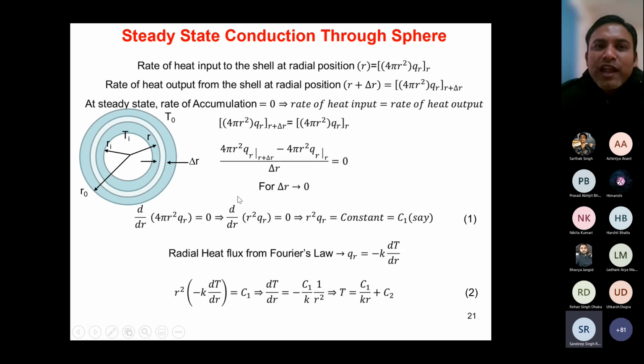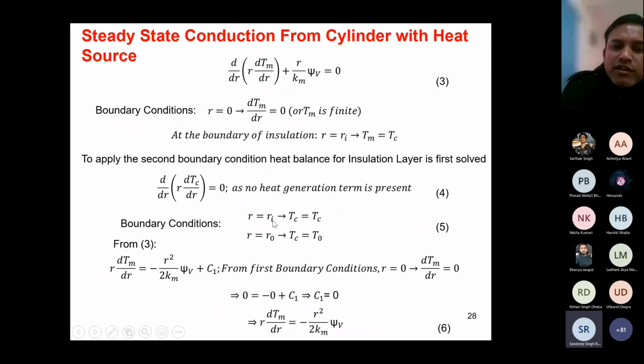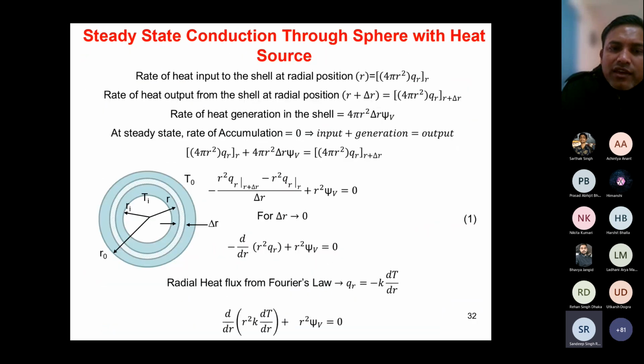Because when we looked at only the steady state conduction through a sphere, we assumed no heat generation source. So in that case, we obtained only d by dr R square QR equals 0. But when we assume the heat generation source, then we additionally have this R square psi V term added. Is it clear to everyone?